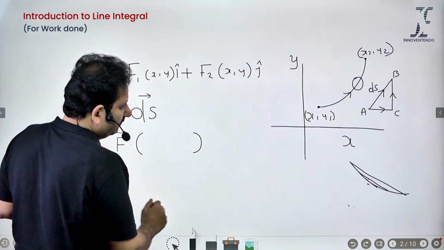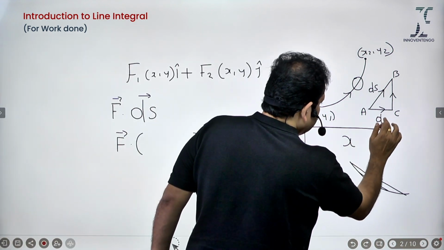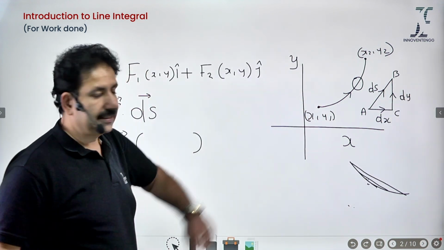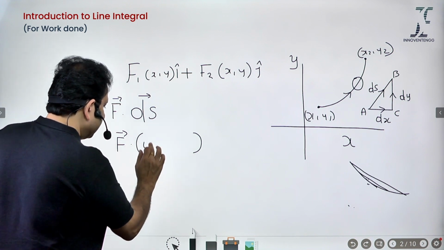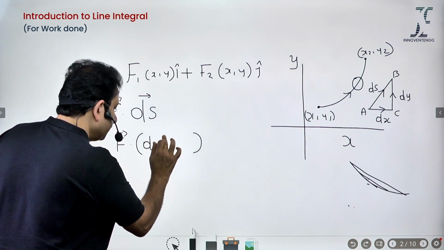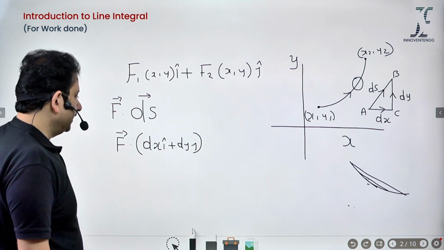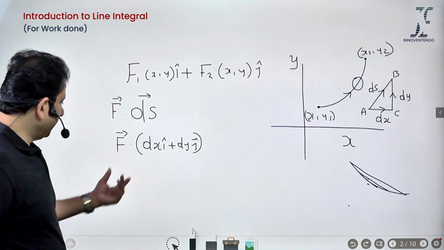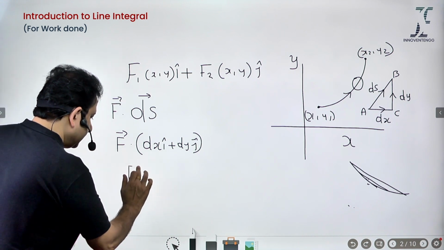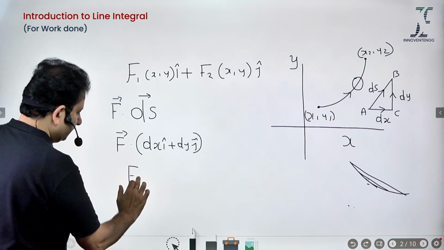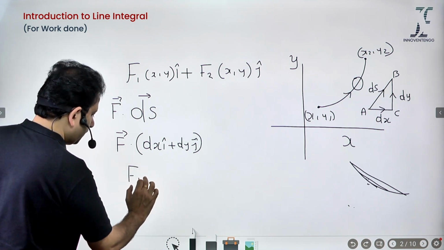What is the definition of ds? If I call this dx, dy, which is of course true for the Cartesian space, so what I get here is dx i plus dy j, and then if I take the dot product, what happens? I will have to re-represent F in terms of the components, otherwise I cannot take the dot product.